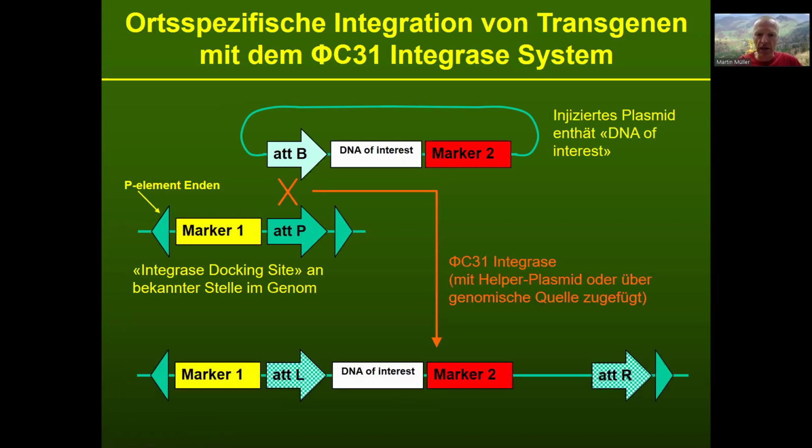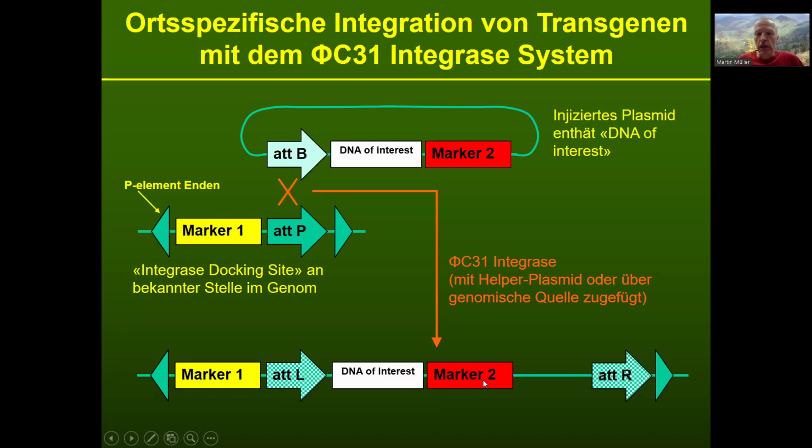Then you provide integrase, and there will be a recombination between attB and attP. You can isolate this insertion because beside marker 1, you can also identify marker 2.